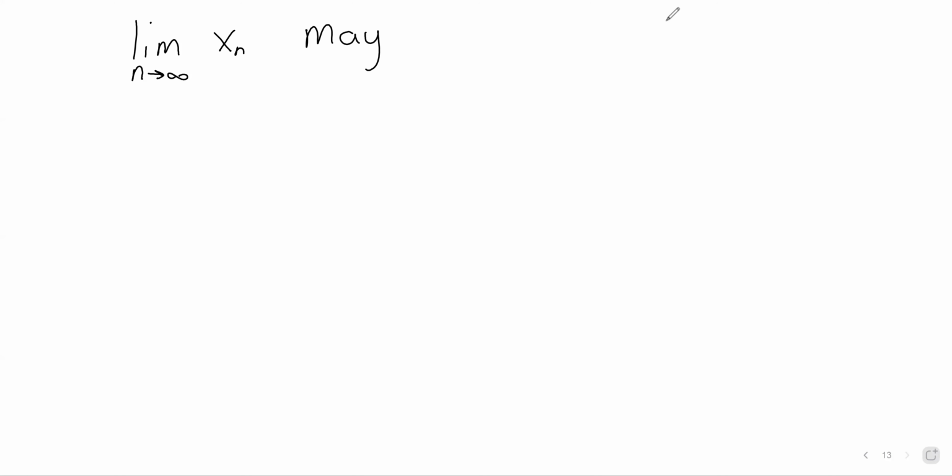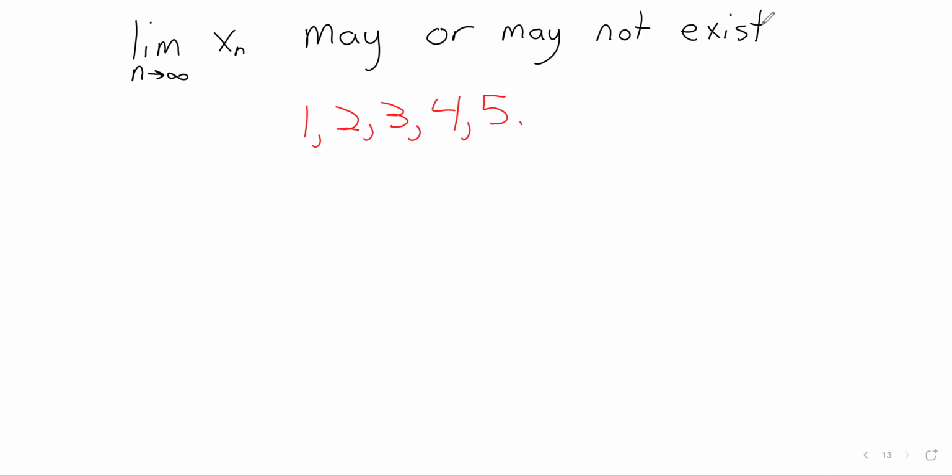As with every other limit we've looked at, there is no guarantee that a sequence has a limit. And the not terribly exciting sequence of natural numbers, for example, is clearly a sequence without a limit.